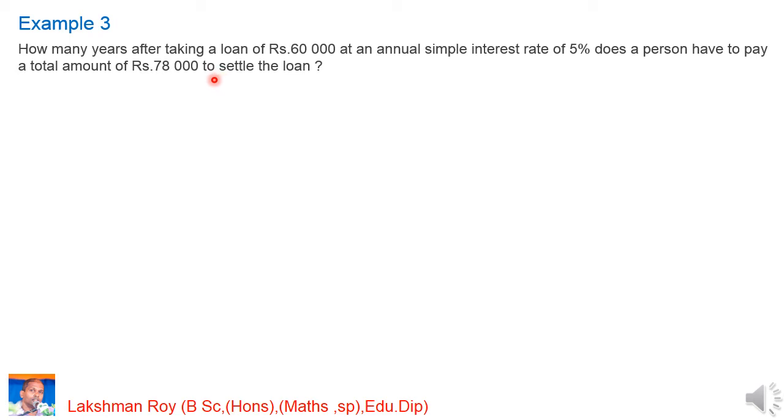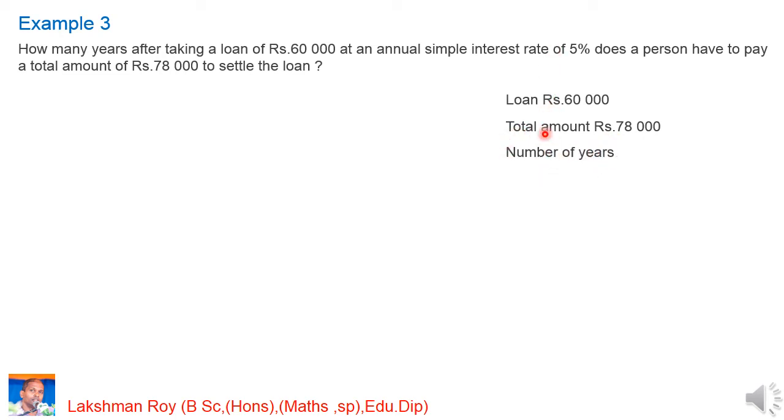So here if we write the given data, student, you can see the loan amount is given, 60,000. Then the total amount is given, that is 78,000. Then we want to find the number of years. The percentage is also given.